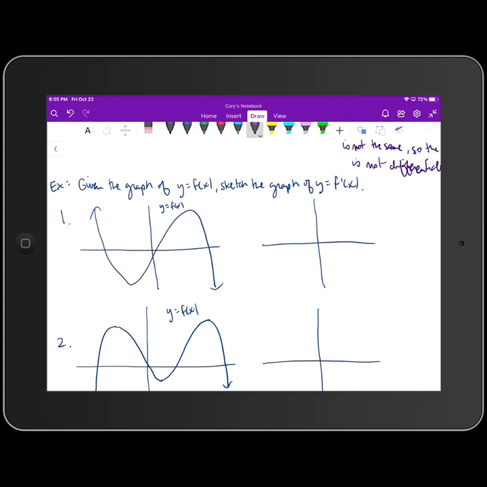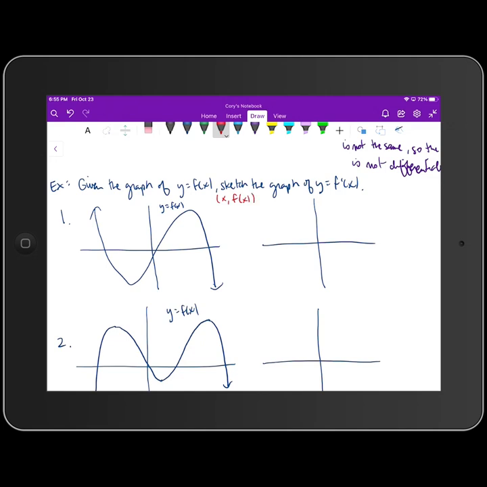The biggest piece of information I can give you here is we want to think about what points look like on the graph of y equals f of x, and what points look like on the graph of y equals f prime of x. So on the graph of f of x, ordered pairs look like x comma f of x.